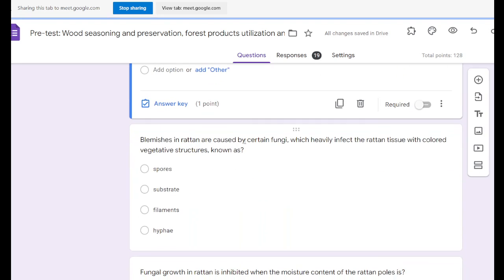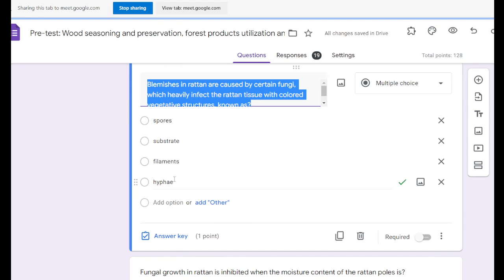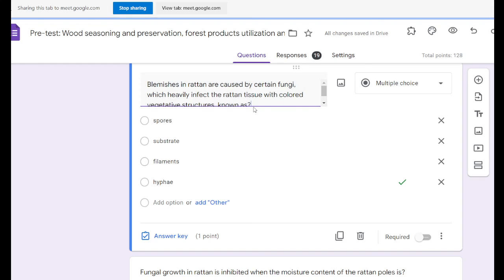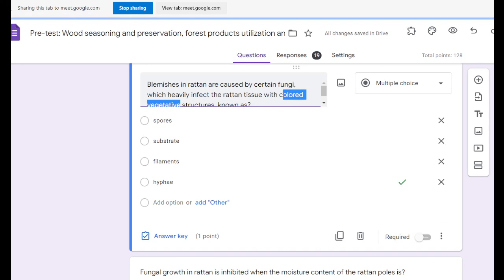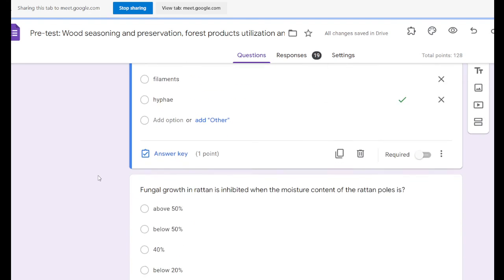Next, blemishes in rattan are caused by certain fungi which heavily infect the rattan tissue with colored vegetative structures known as hyphae. Okay? The hyphae of fungi are the white, net-like structures of the fungi. At maturity the hyphae can be a colored structure, which then causes blemishes or staining in rattan.